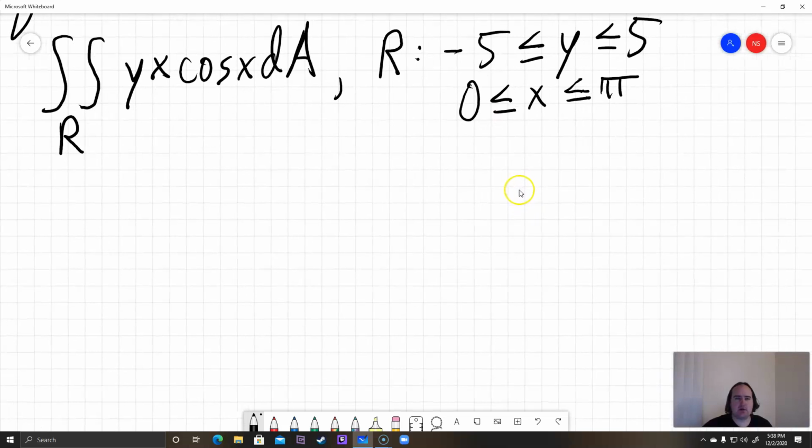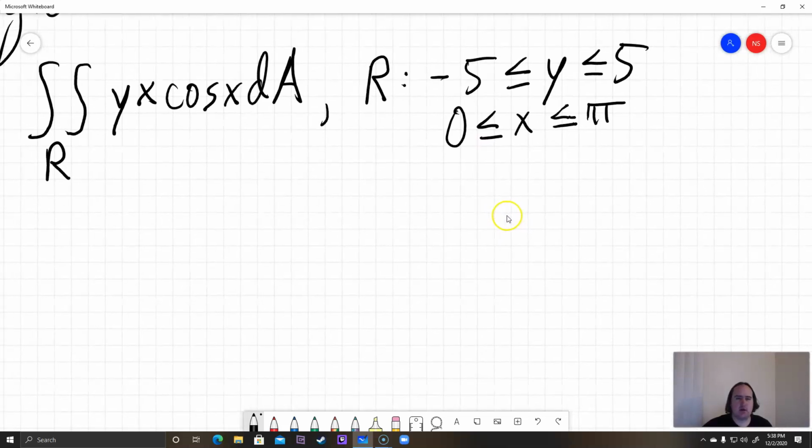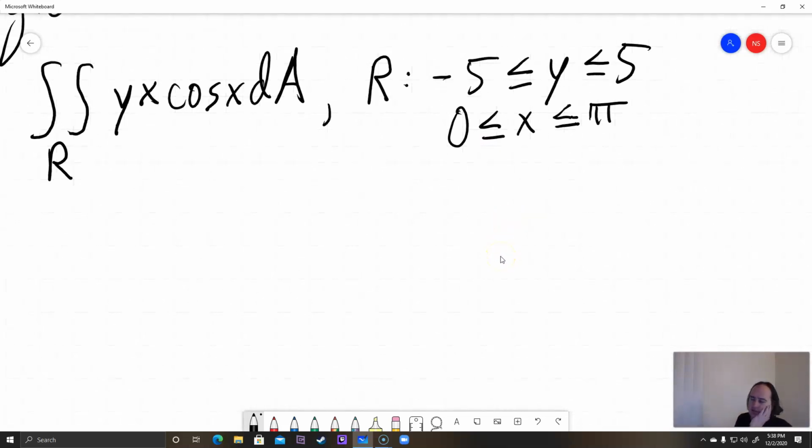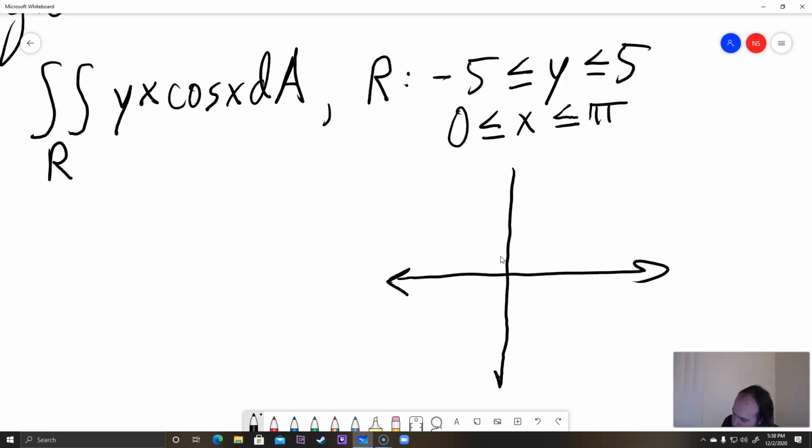Now this region R is actually a rectangle. How do I know it's a rectangle? Well, if you want, you can sketch it. You don't have to sketch it, but it's pretty easy to sketch. You've got your xy plane, and we know that x goes from 0 to pi. So here's 0, and then over here somewhere, 1, 2, 3, 4, pi would be right about there, 3 point something.